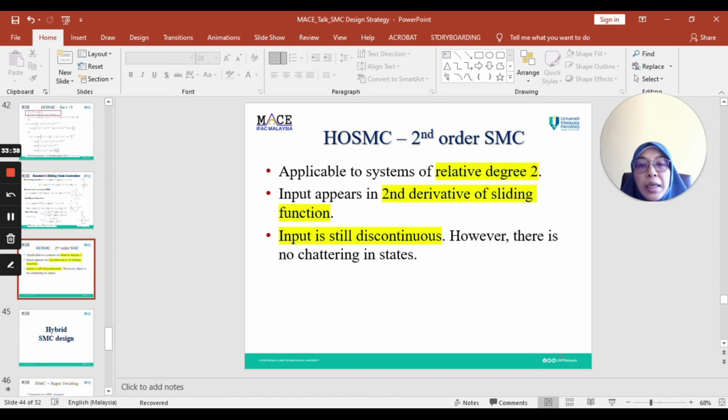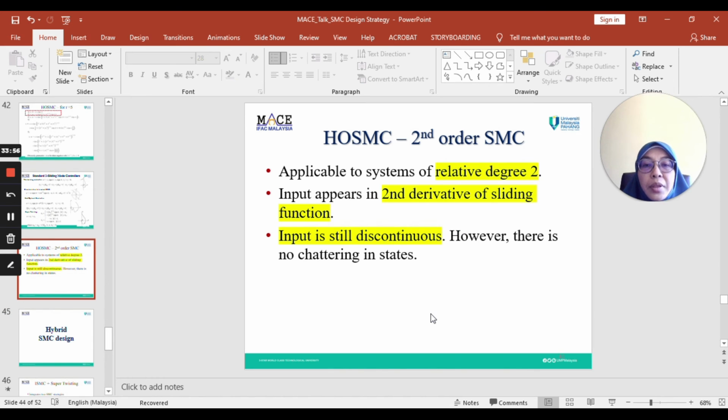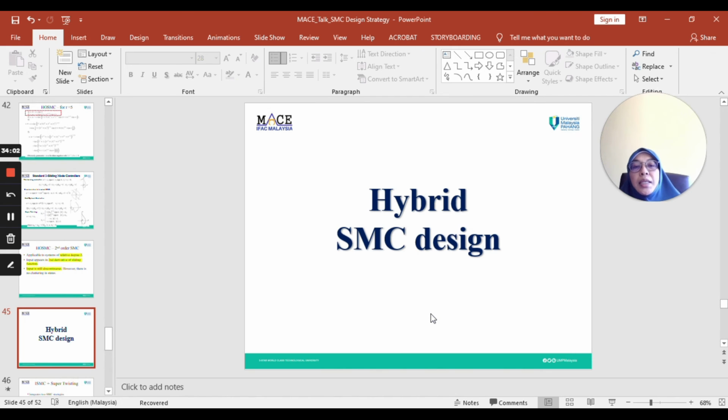Input appears in the second derivative of the function, and input is still discontinuous. However, this is important, there is no chattering in state. So these are the good features of higher order sliding mode control. I will show the super twisting in the next section, which is hybrid SMC design.